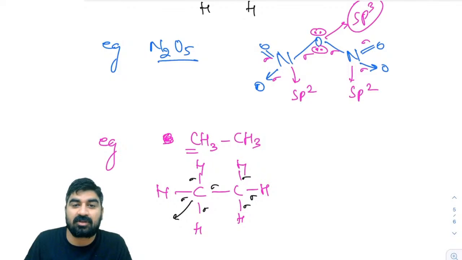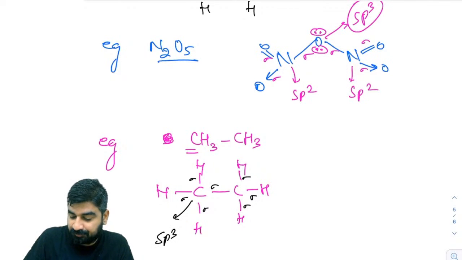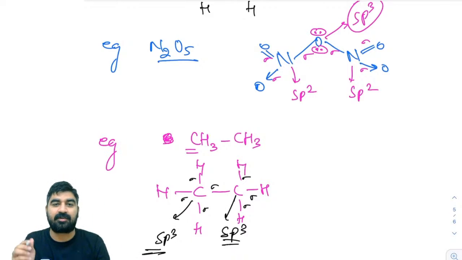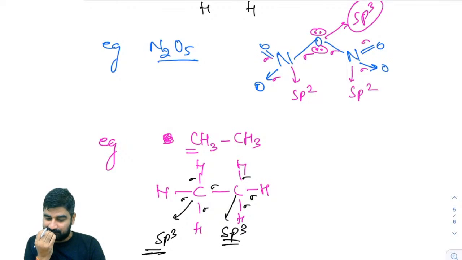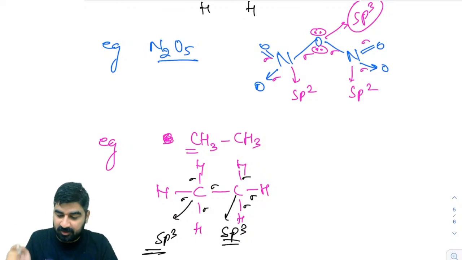So 4 sigma bond, this carbon is making sp3, sp3. I hope now you got it. Got it, guys? Any doubt?